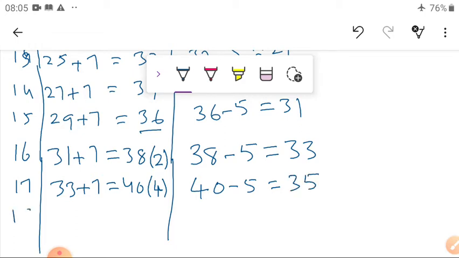Okay, next 18th. Please keep in mind, I got confused here. Don't get confused, go on step by step. So 35 plus 7 is 42.